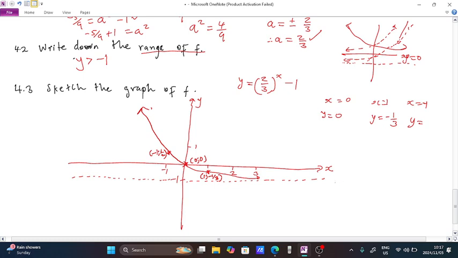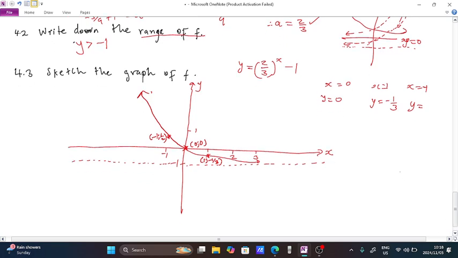Now the next question was talking about the reflection again. They say it is further given that C is a point on f, with y-coordinate 19 over 8.